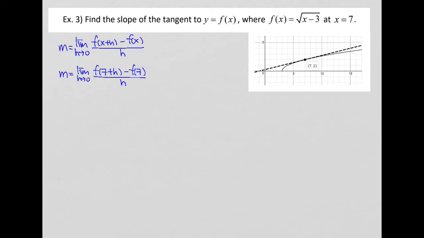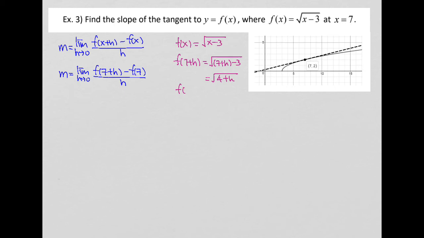Step 3, we have to find the values on the side. So we know f(x) equals the square root of x minus 3. So we're going to find f of 7 plus h equals the square root of 7 plus h minus 3, which is the square root of 4 plus h.